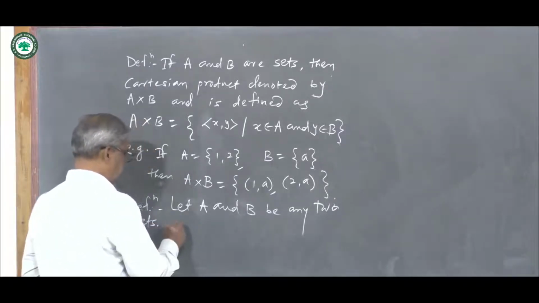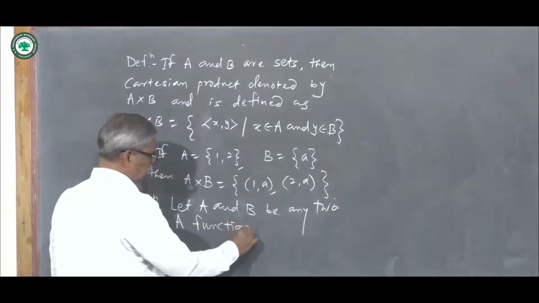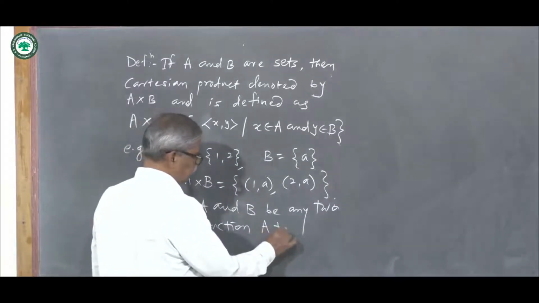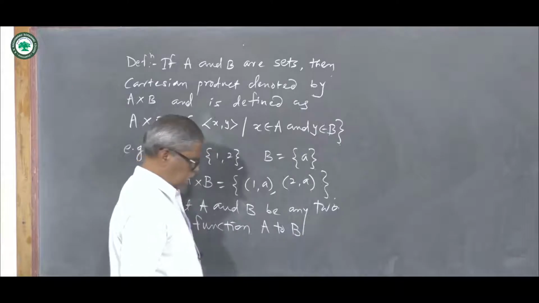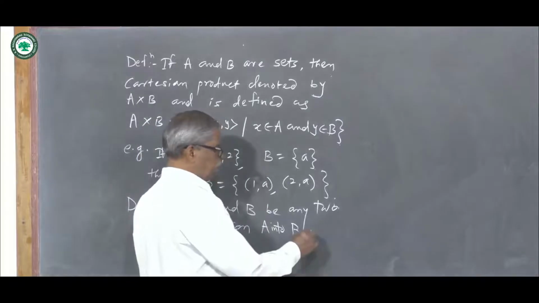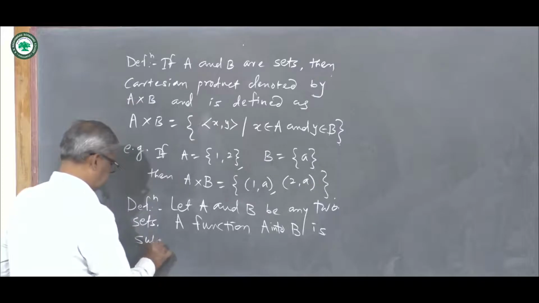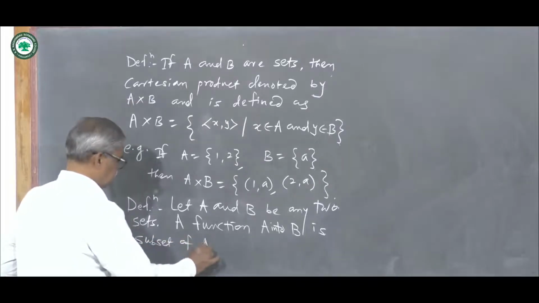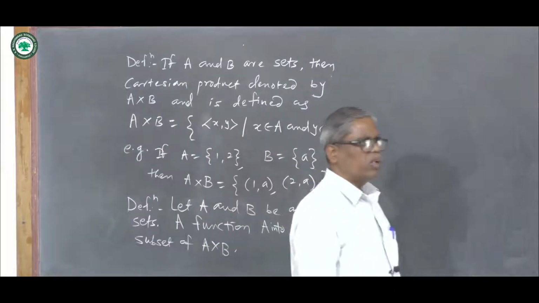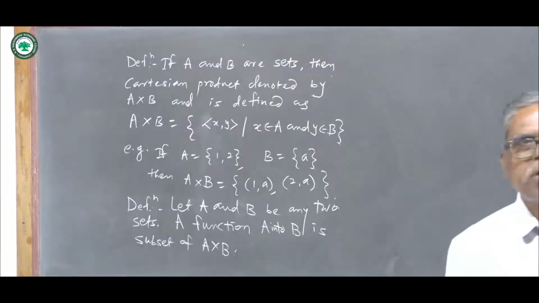A function f from A into B is a subset of A cross B, or any subset of A cross B is called a function from A into B.